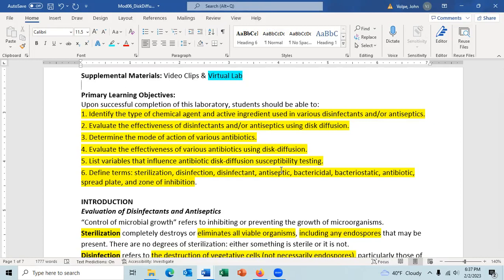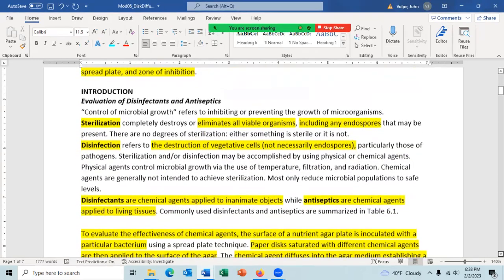And then 5, be able to define the terms of this lab: sterilization, disinfection, what's a disinfectant, an antiseptic, a bactericidal agent, a bacteriostatic agent, an antibiotic, what's a spread plate, and then what's the zone of inhibition. And I usually will just abbreviate zone of inhibition as ZOI. So if ever I send you a note about that, ZOI means zone of inhibition.